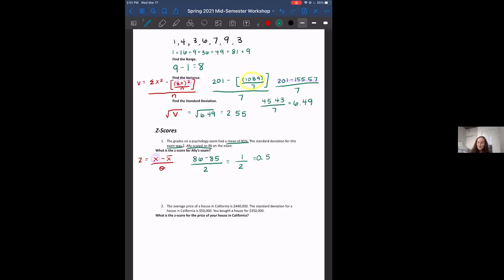We're going to use the same equation that we used before. So z is equal to the score minus the mean, divided by the standard deviation. Go ahead and plug in all the numbers and then let me know what you get.